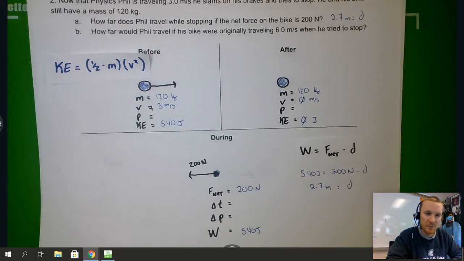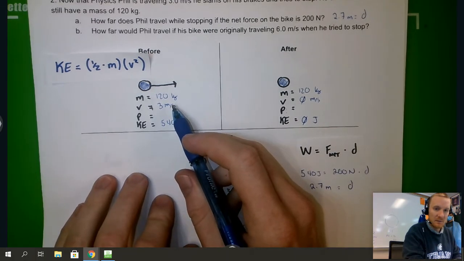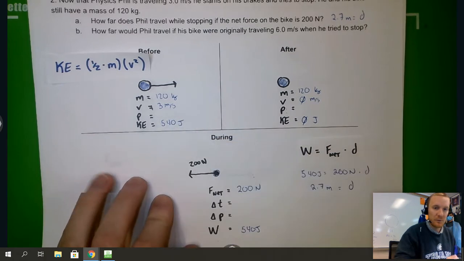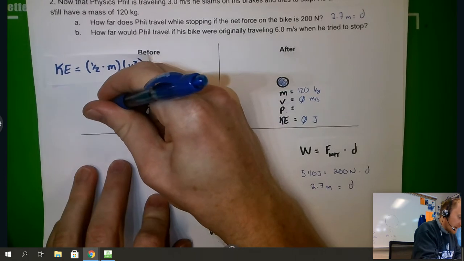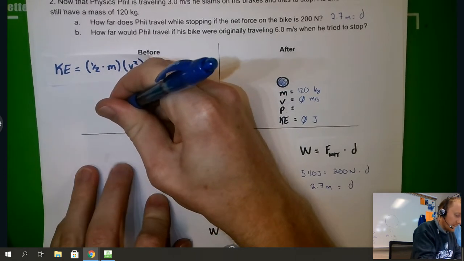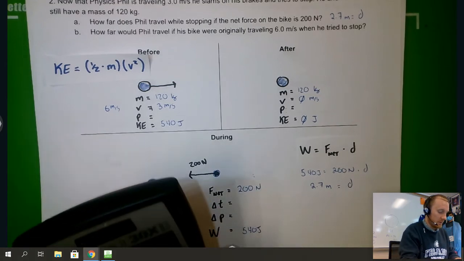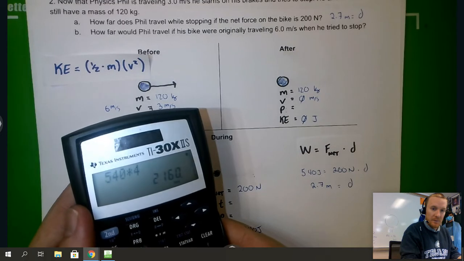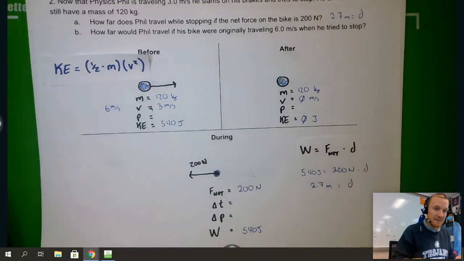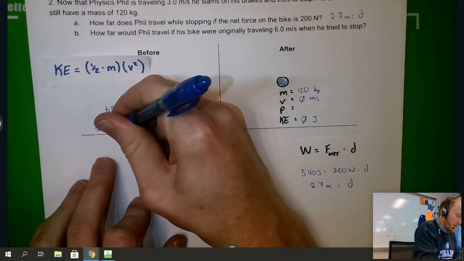So if we were originally at 3 meters per second and we produced 540 joules, and I want to figure out the kinetic energy at 6 meters per second, I'm just going to quadruple that kinetic energy value. So 540 times 4, quadrupled, equals 2,160 joules.